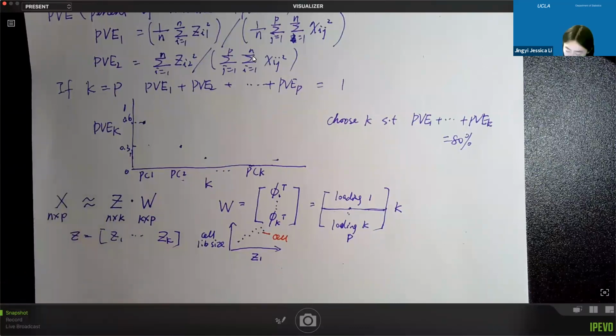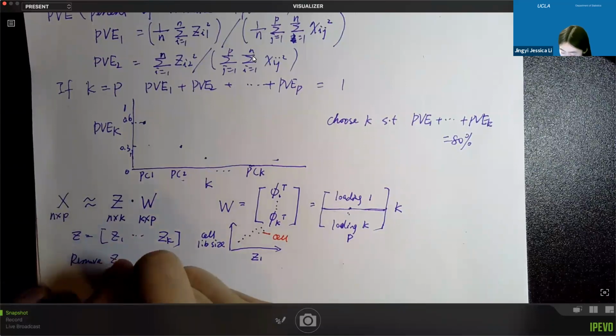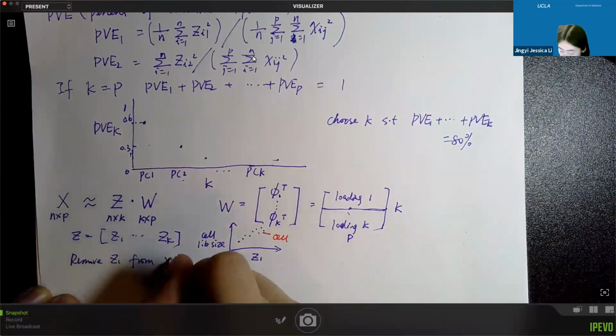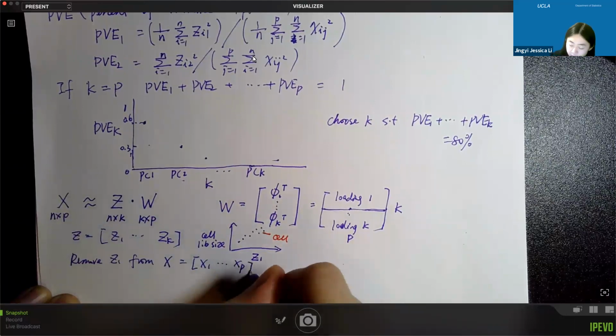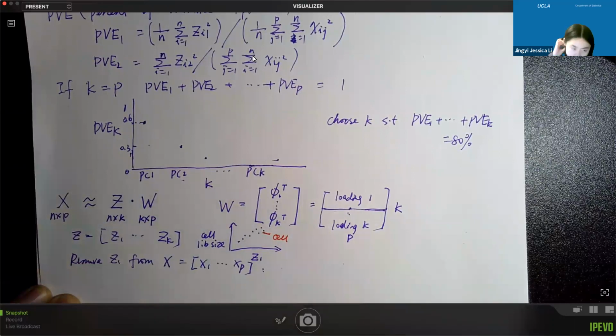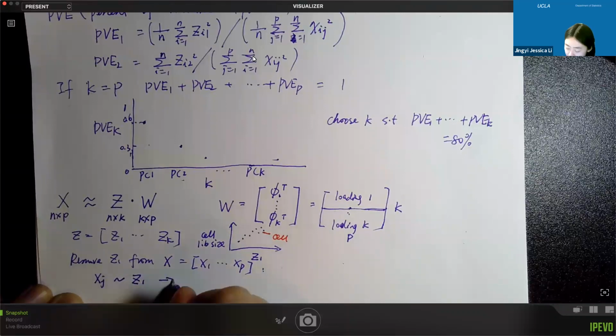So if you want to remove Z1 from X, where X is written out as X1 to XP, you do the regression of Xj on Z1, treating Z1 as the thing to be regressed out, and then you get residuals, which I'll call Rj.